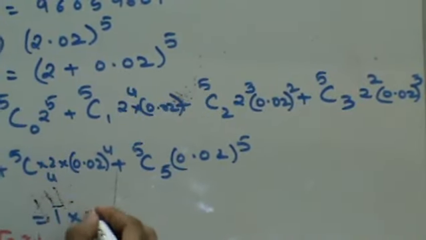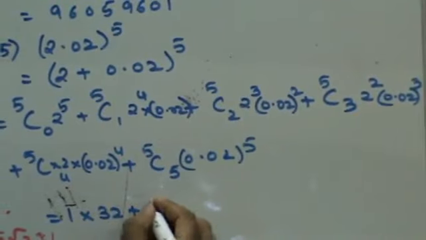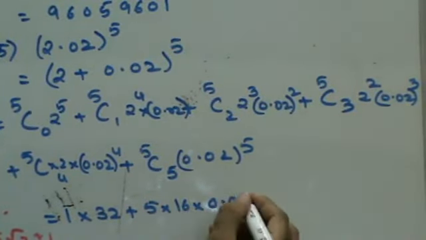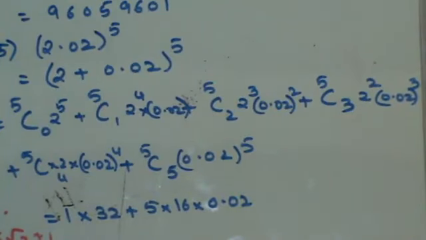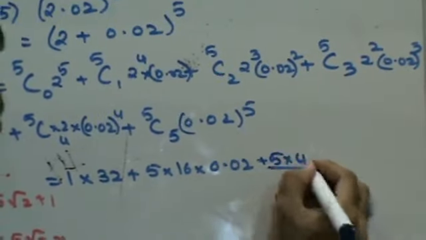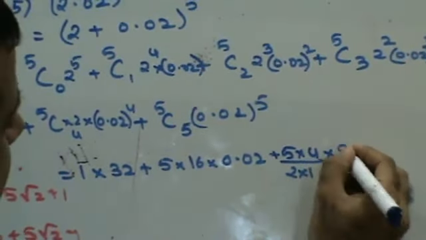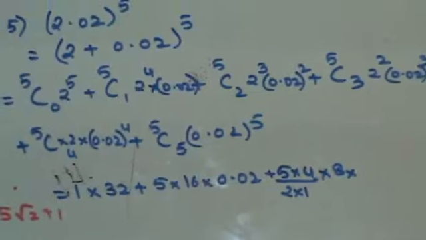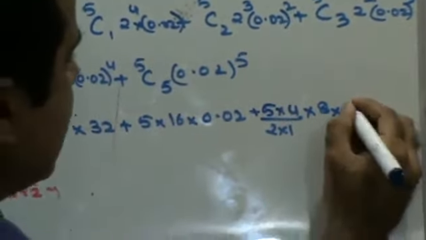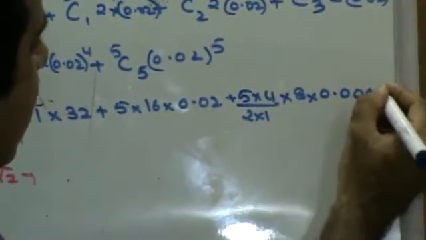C5 of 0 is 1, 2 raised to 5 is 32. 16 into 0.02. Plus 5 into 4 upon 2 into 1 into 8. Decimal 2, when I square it, should be decimal 4. That means this will be 0.0008.